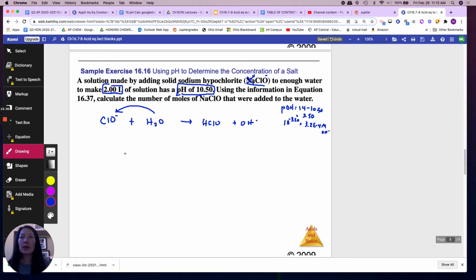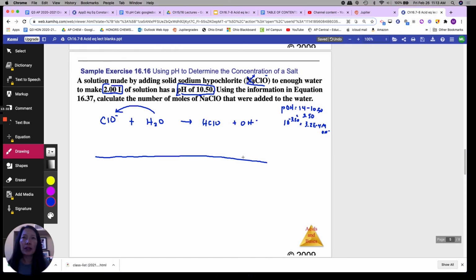Okay, so what happened is in the beaker, they told you how much OH minus you have here. So it's 3.2 E -4. Again, I just did 10 to the -3.50 to get that. Okay, once you know that, you know what X is. So that means this is also 3.2 E -4. In the beginning, you don't have any of these two.